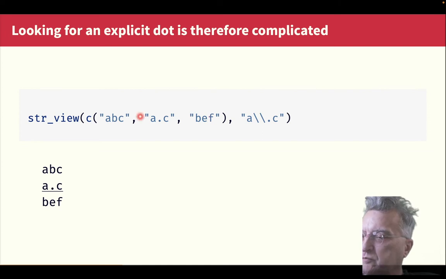In this particular string, I would have to put a backslash to escape the dot, but then I also have to put in another backslash to escape the backslash, because backslash is a special character. So I have to use a double backslash to represent an explicit dot. And this kind of gyration is really common in regular expressions and makes regular expressions look ugly and complicated.